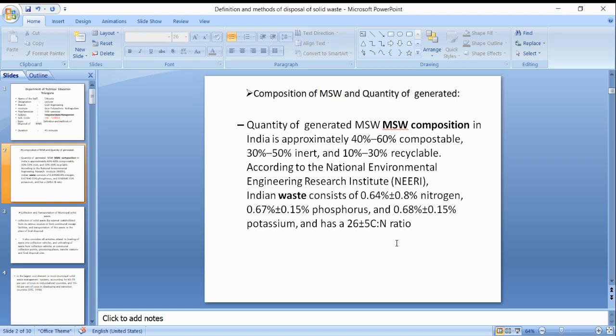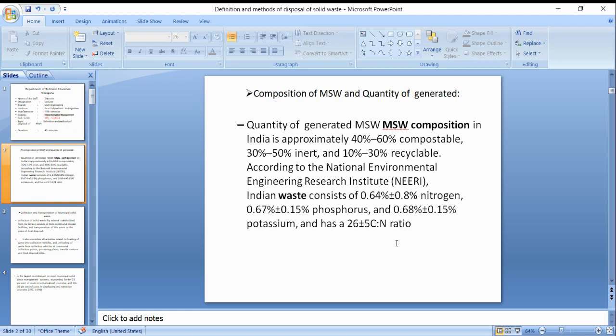Composition is how much percentage of each kind of waste is present in the solid waste, and how much carbon and nitrogen is present in the waste. Quantity means how much waste is generated per day. It should be known.